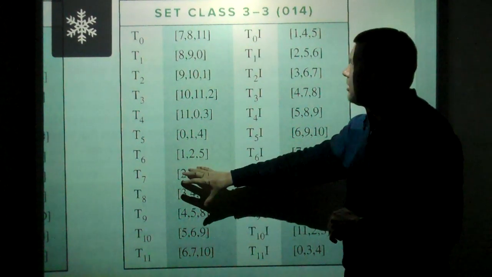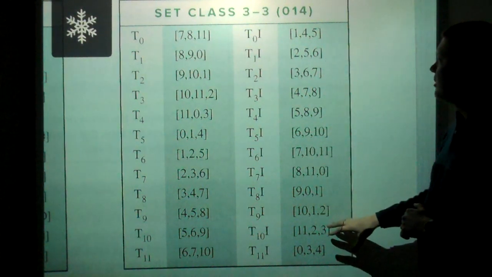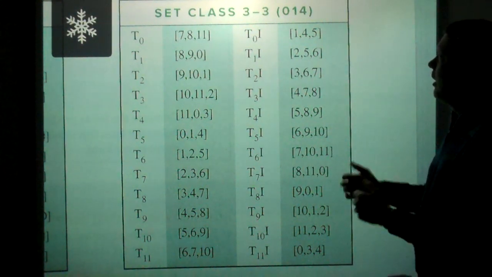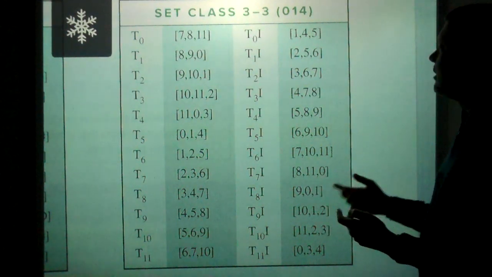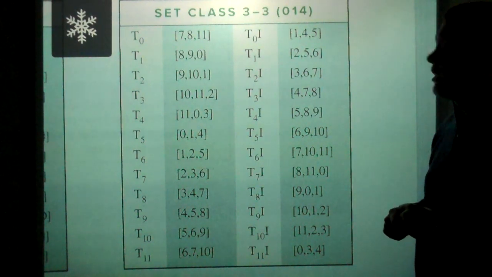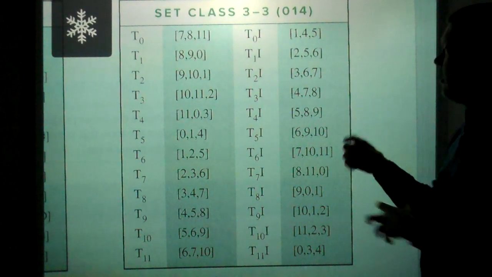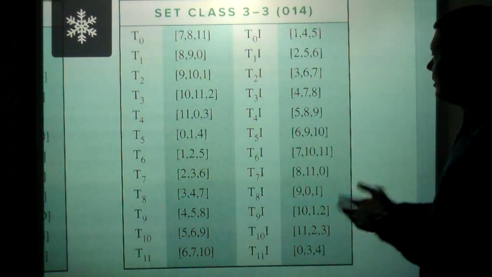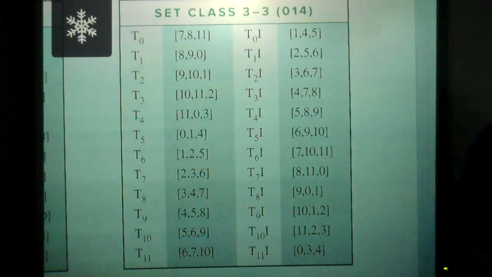So 12 transpositions on this side, and the inversion plus its 11 transpositions on this side equals 12, and 12 plus 12 is 24. So again, generally, I should say, there are usually 24 pitch class sets belonging to one single set class, which is again a family of these transpositionally and inversionally related pitch class sets.